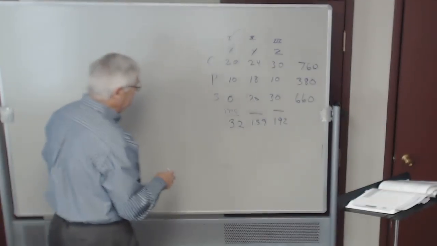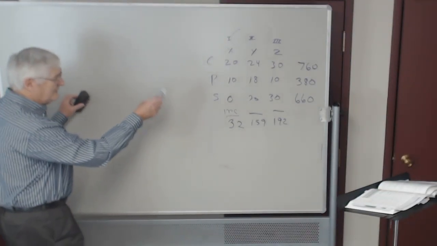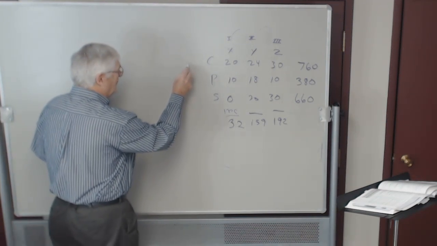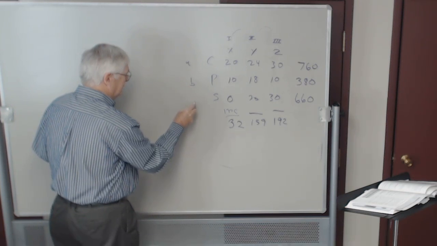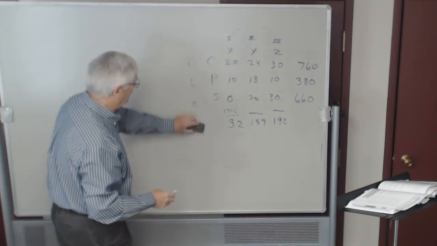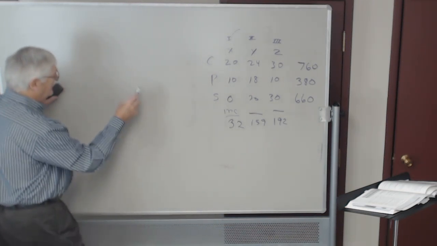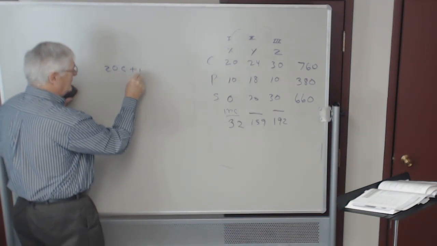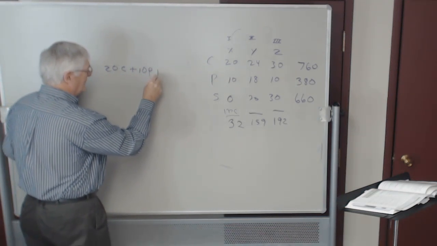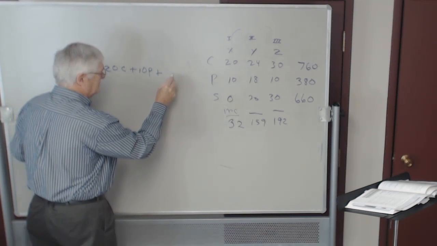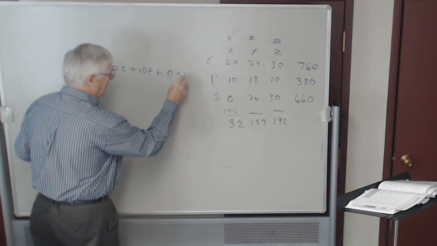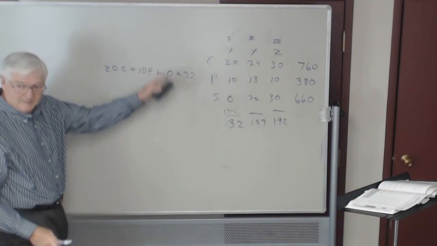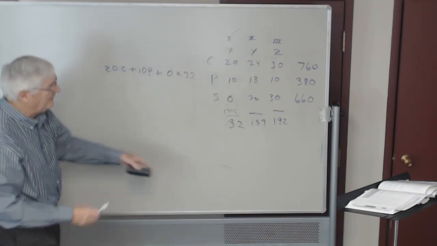Now, do you see what's going to happen? To set this up, let's just do it like that. I'm going to have 20C plus 10P plus 0S equals 32. Everybody follow what's happening now? I'm making my matrix going down.